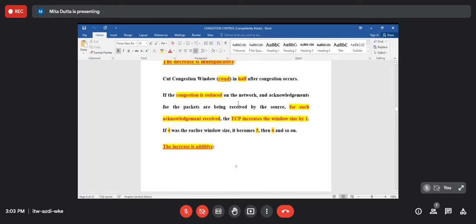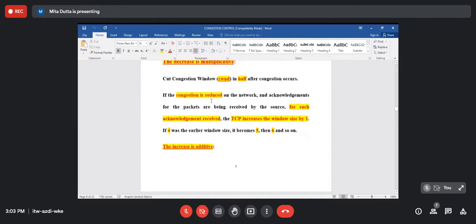That means if an acknowledgement is received, then there is no congestion, and when there is congestion, it will be CWND by half.